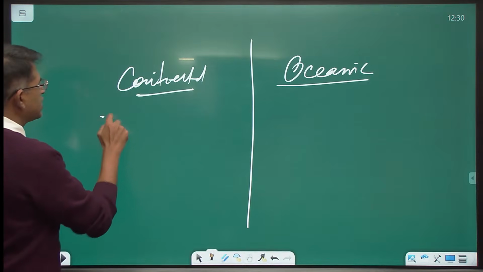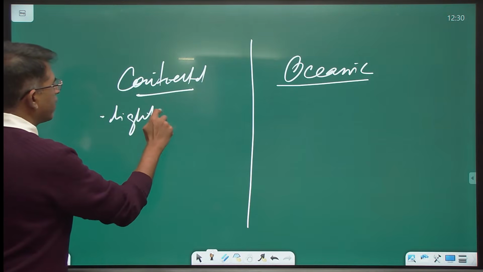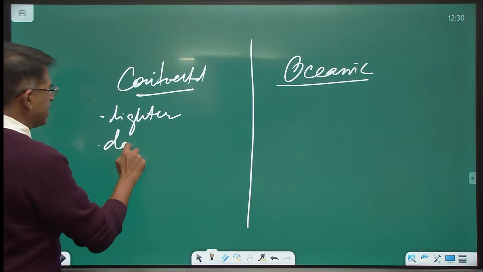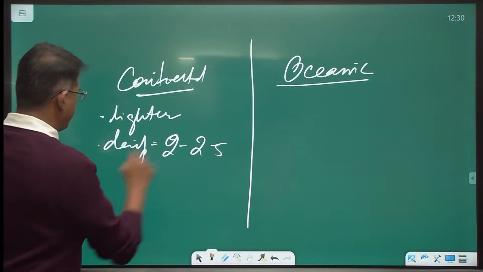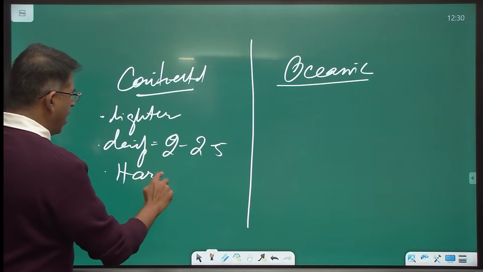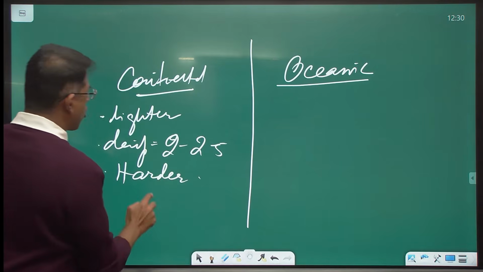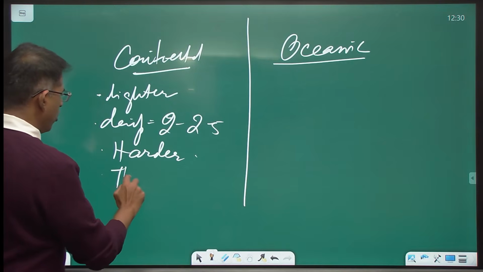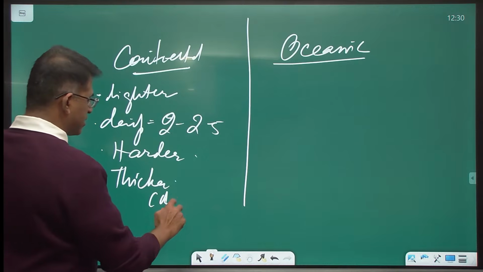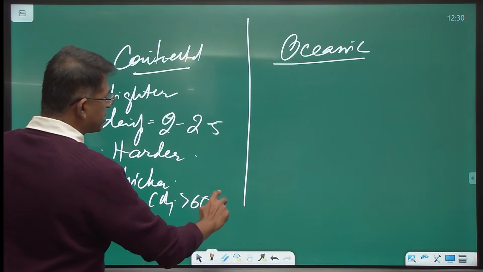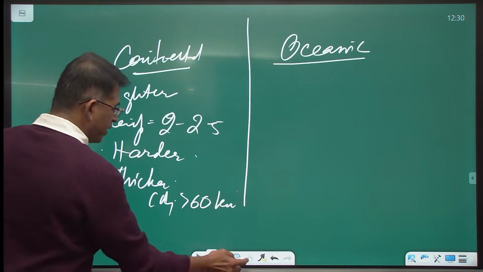Continents, these are lighter. They have a density of 2.5. These are harder rocks. Continents are also thicker. Average thickness can be more than 60 kilometers.